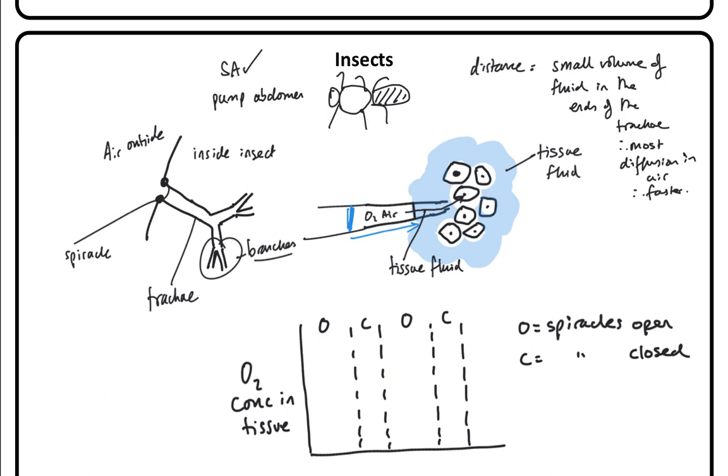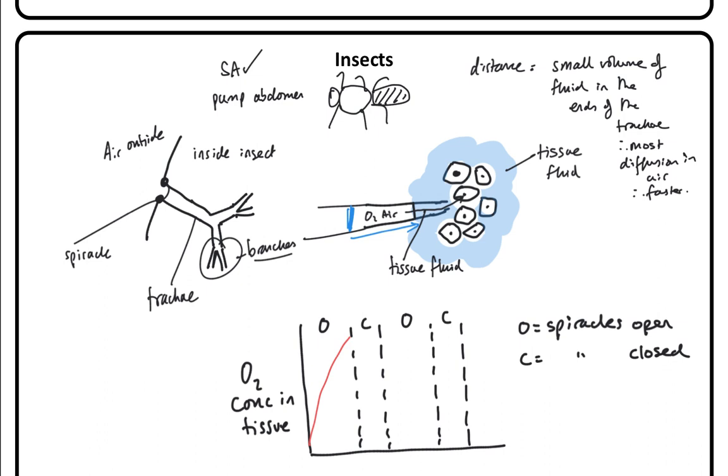And then they like to ask about this in terms of graphs. So I've got time here, O and C. O and C are when spiracles are open for O, C for closed, and oxygen concentration in the tissue. It's absolute common sense that when the spiracles are open, the oxygen concentration around the tissue is going to increase because air can get in and oxygen diffuses, because the cells are using the oxygen, so it's going to make the tissues aerobic.